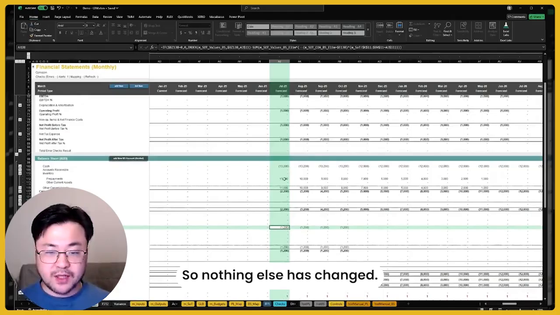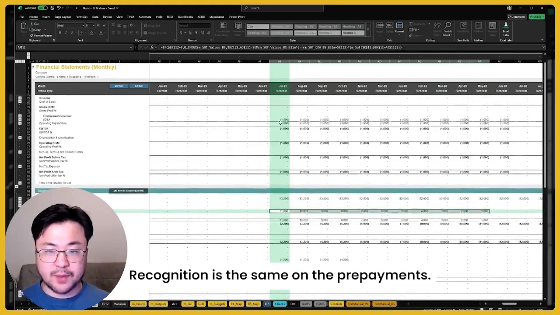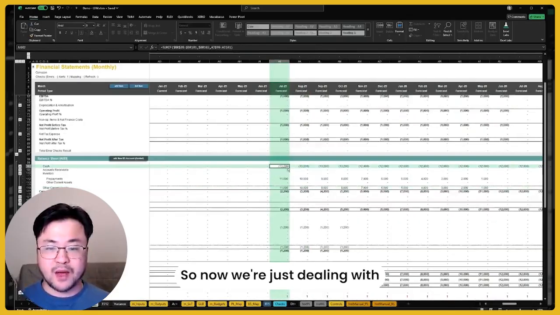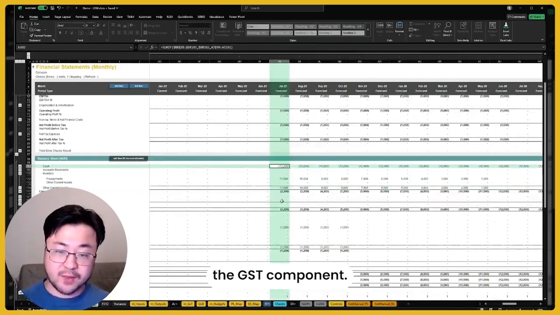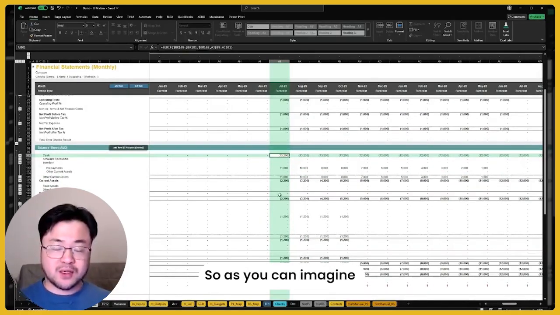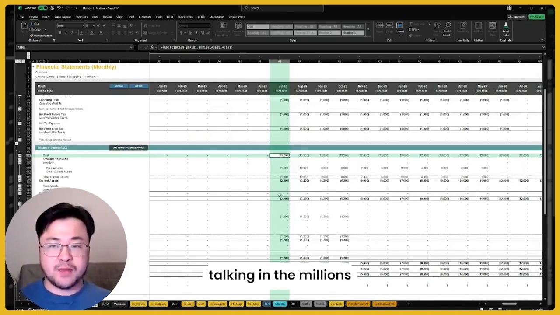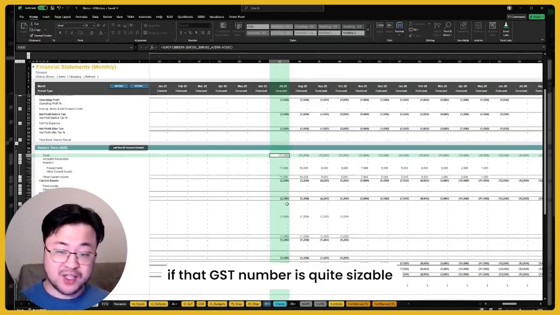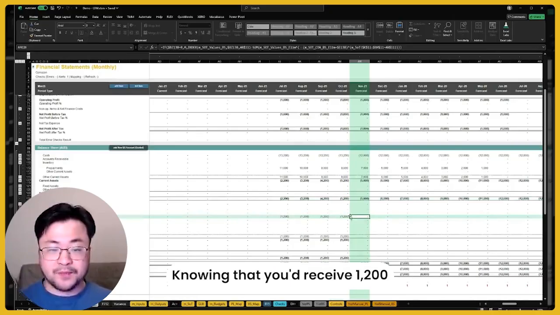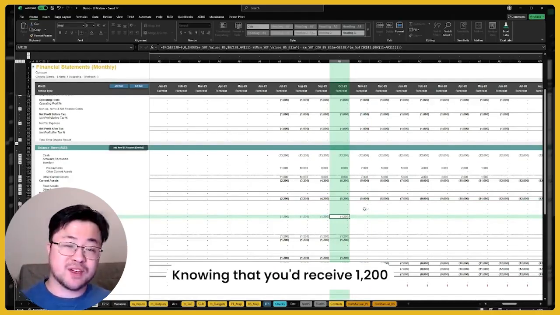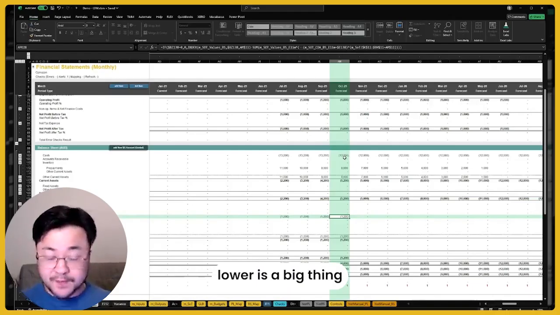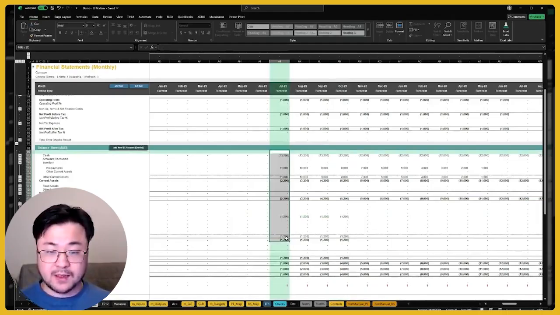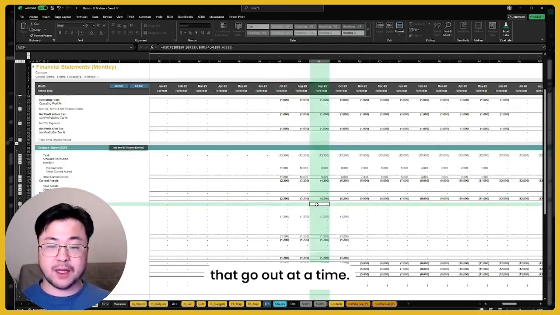So nothing else has changed. Recognition's the same on the prepayments. The expenses are the same. So now we're just dealing with the GST component. As you can imagine, if this is now talking in the millions, or relative to the size of your bank account, if that GST number is quite sizable, knowing that you'd receive 1,200 if your cash balance is relatively lower is a big thing, and it's a big thing to model these big lump sum payments that go out at a time.